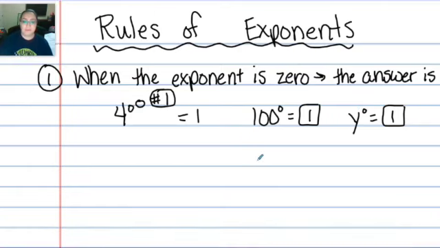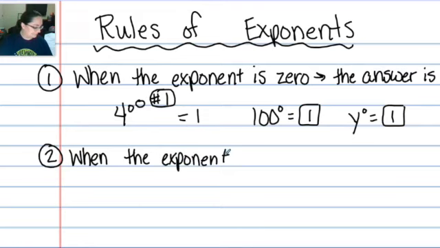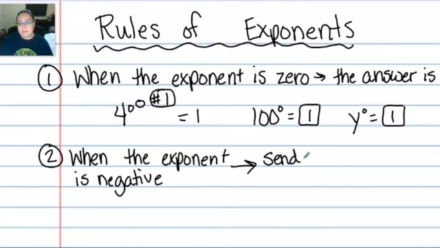The second rule I want to go over with you is when the exponent is negative. So we've actually seen this in the PODs. When the exponent is negative, what happens here is you're going to send it to the bottom.